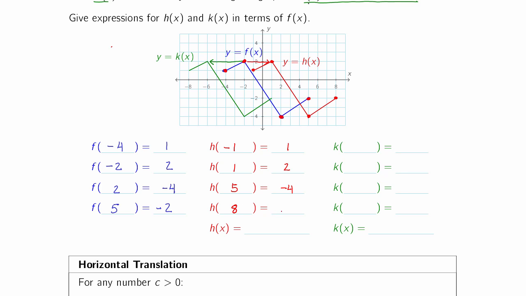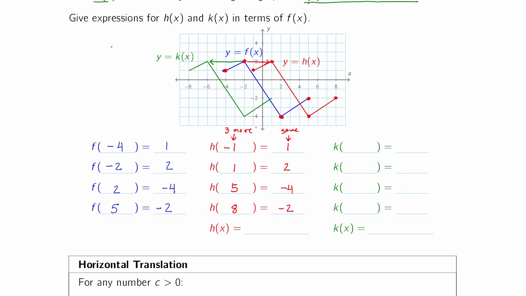So h of 8 is -2. Okay, so the outputs then have stayed the same, and the inputs are all 3 more. Just exactly as we would have expected, since we've added 3 to every x-coordinate.